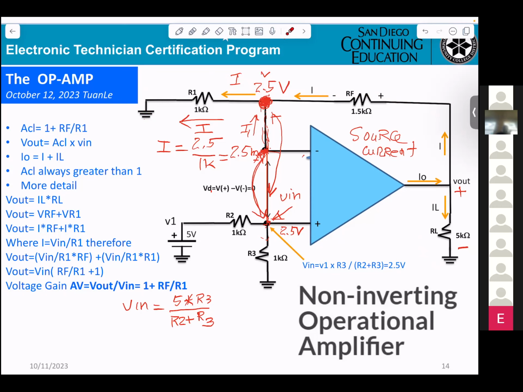So basically, V out will be equal to the voltage across RF plus the voltage across R1. Doesn't V out equal the voltage across RL? Now, I tell you first thing.